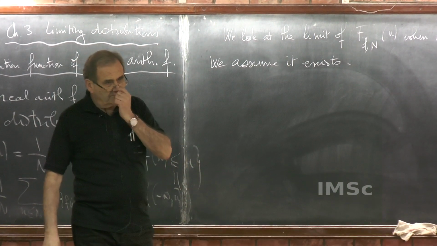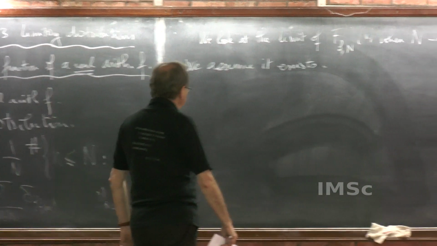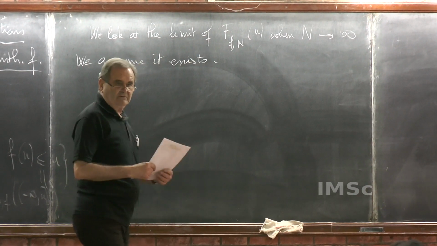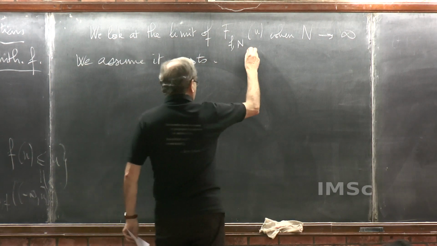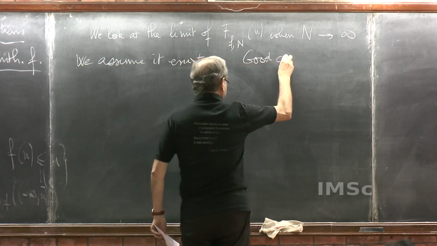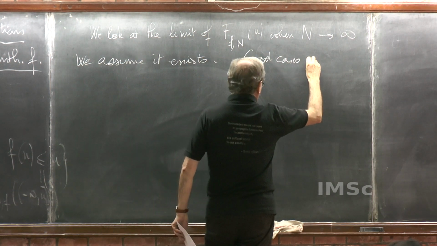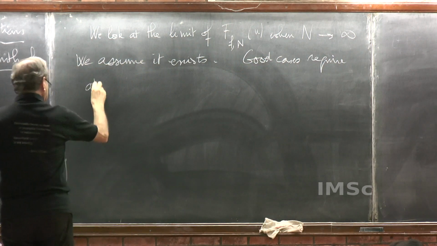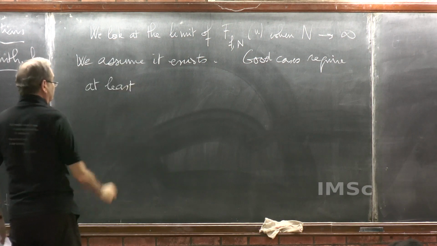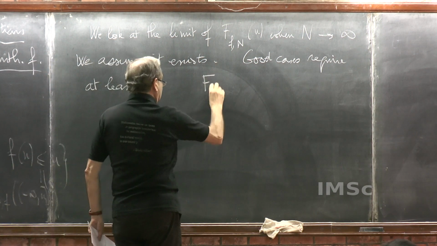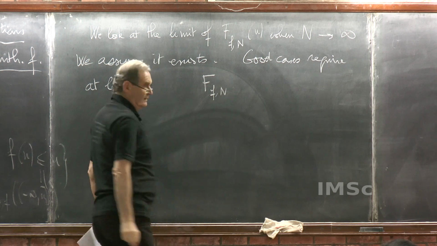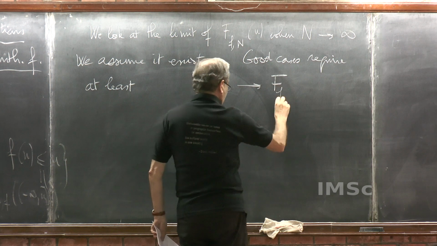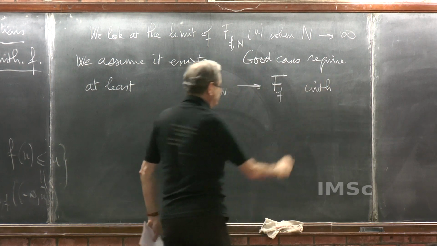So what you would like to have is, in any case, the good case, let us say good case, require at least that F_N of u tends to, let us say, F of u.